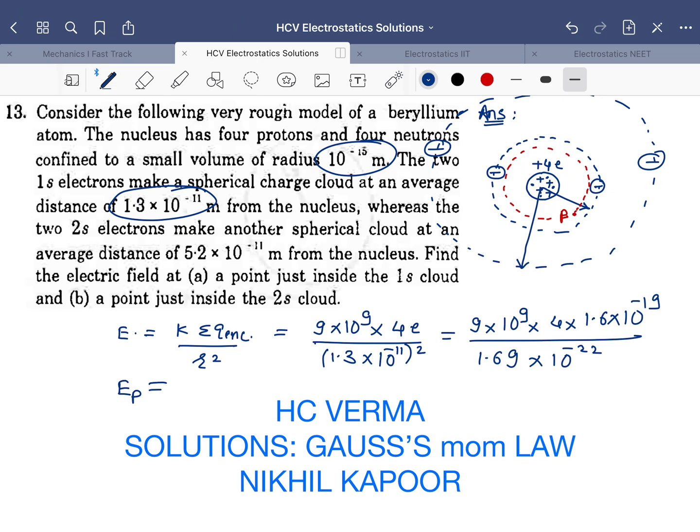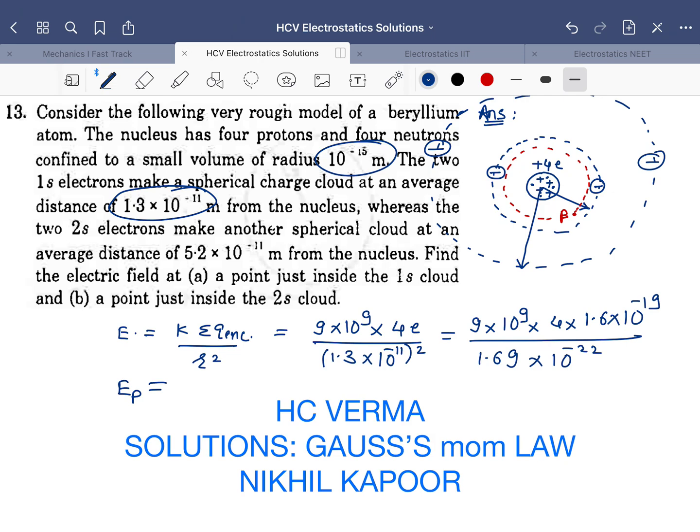On calculating, we can easily find this. So 9 fours would be 36. Okay, so 9 into 4 into 1.6 divided by 1.69.